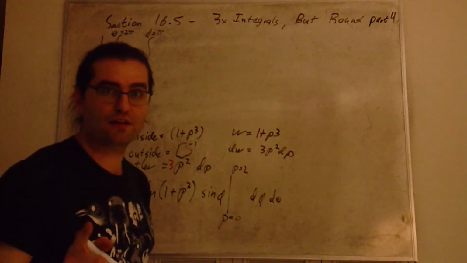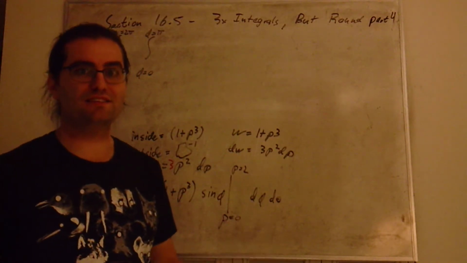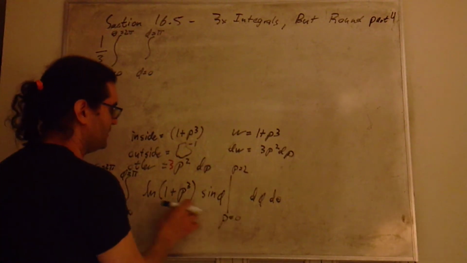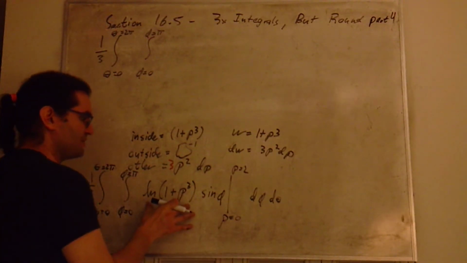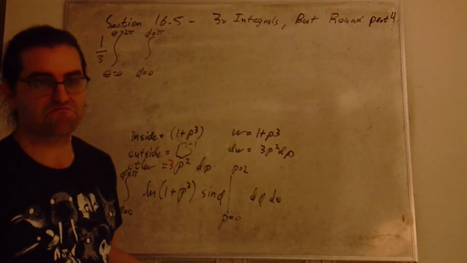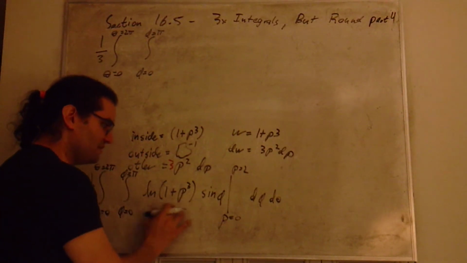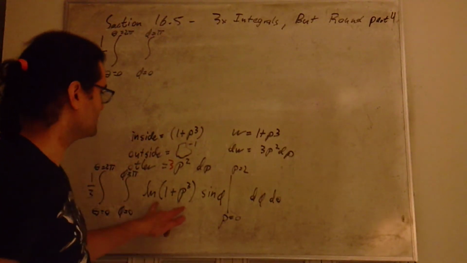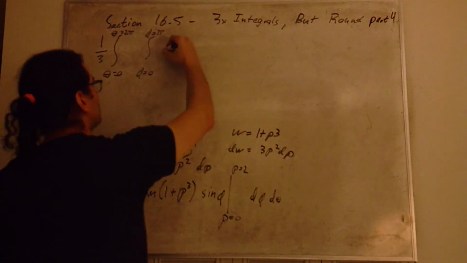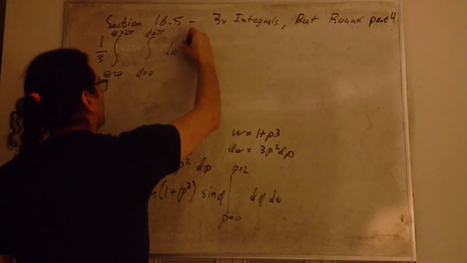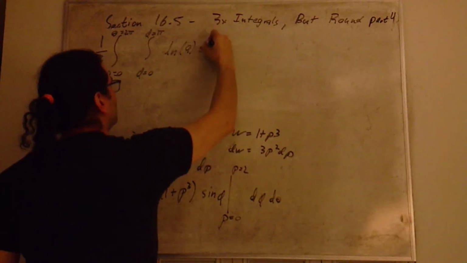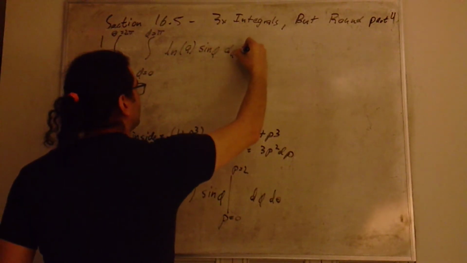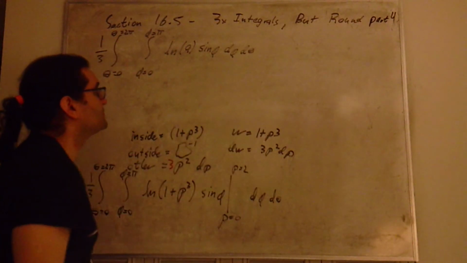And we did get lucky. The natural log of 1 is just 0. So when we plug in rho equals 0, this whole piece does become 0. It's not immediately obvious that it'll be 0, but it works out that way for us. So this is just going to be the natural log of 9 sine of phi d phi d theta.